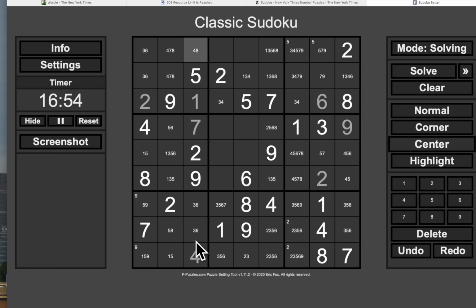Okay, this is now down to 4 or 8, but that 4 tells us that's an 8. So these are not 8. And in fact, 8's in one place only in box 7. It's here.